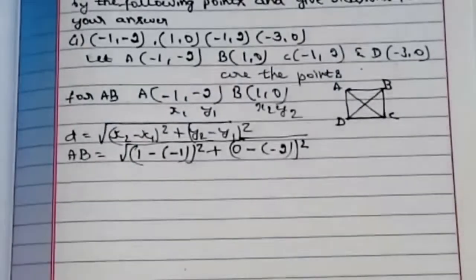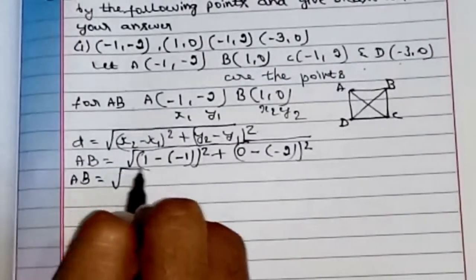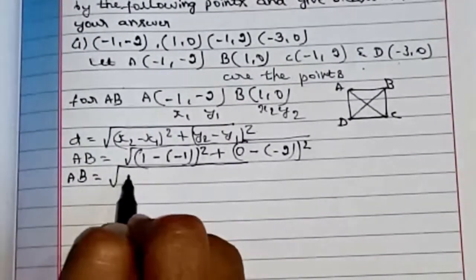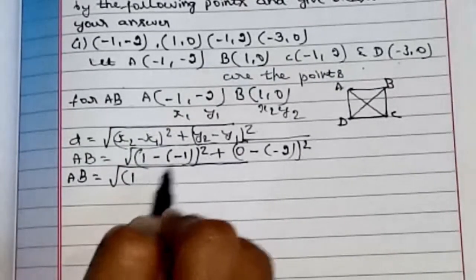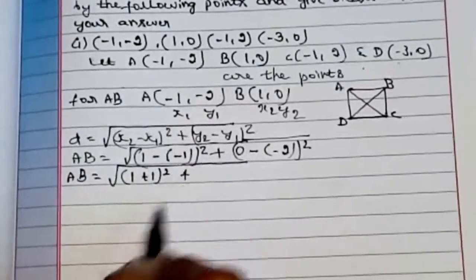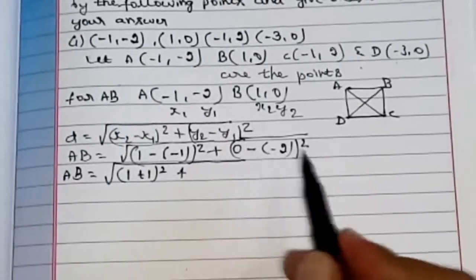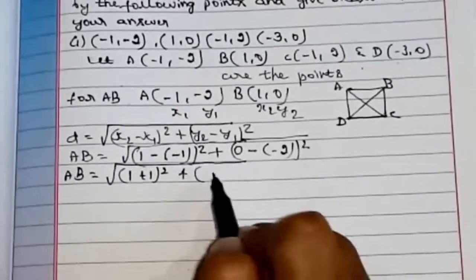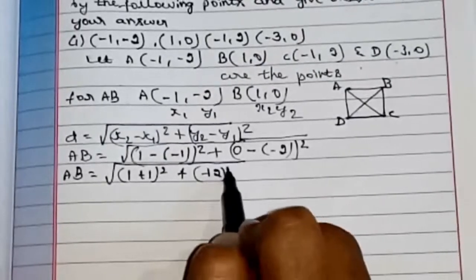Now simplify this. AB is equal to the square root of, first open the bracket. Write 1 as it is, minus into minus is plus, so (1 plus 1) whole square, plus, if you subtract from 0 the same number comes, so 0 minus of minus 2 is plus 2 whole square.